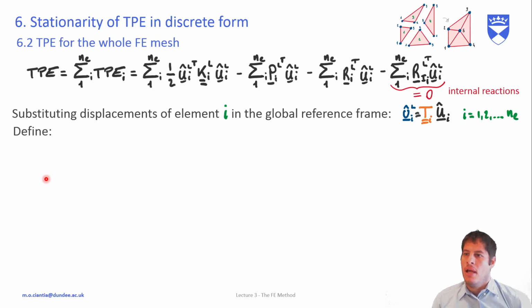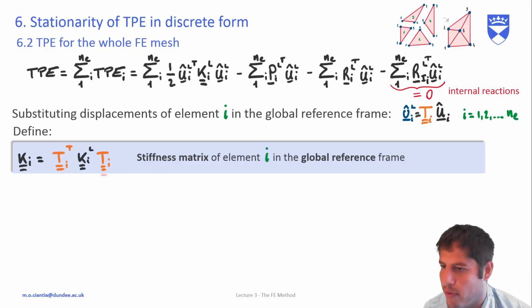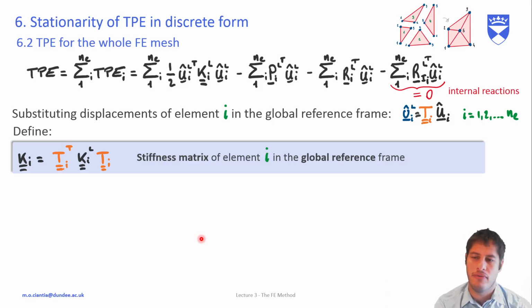So if we substitute the displacement of element i in the global reference frame using the rotation matrix T, then we can define the stiffness matrix of element i in the global reference. So T transposed K T is the stiffness matrix of the element i in the global reference frame.